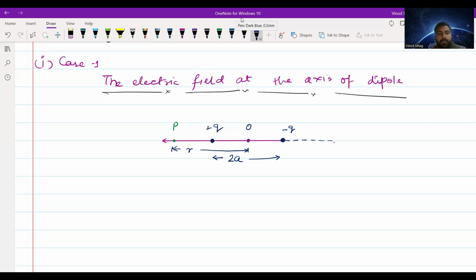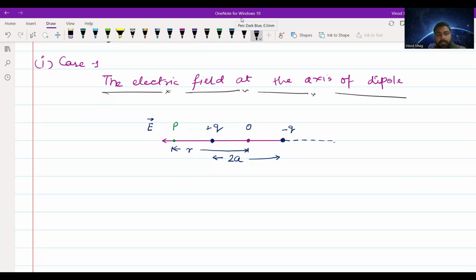And the direction of the electric field will also be along the dipole moment, which is from minus q to plus q charge.